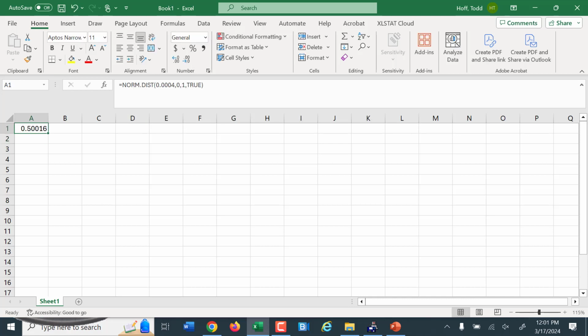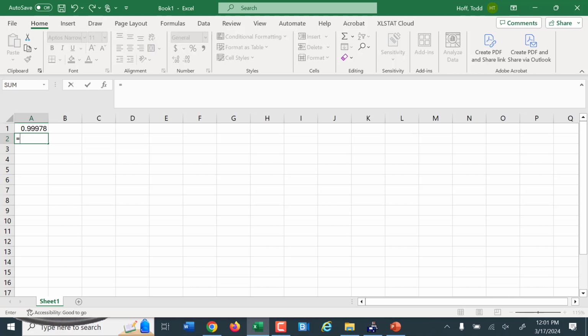Now, that gave us the probability of being less than a positive 0.0004. That's the p-value. So I want to put in my 3.51, my test statistic. Now this is going to give us the probability of being less than 3.51.